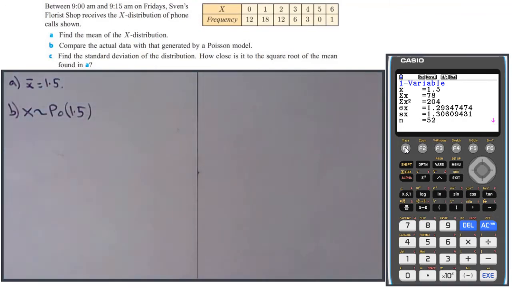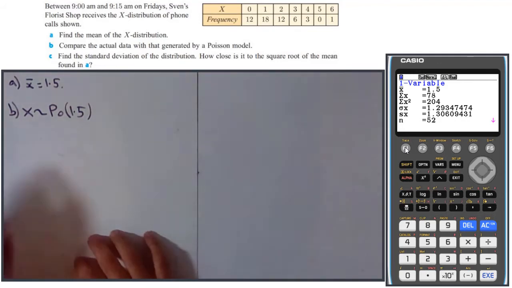Remember, the Poisson model can generate expected probabilities which can easily be turned into expected frequencies. Remember, Poisson distribution applies when you have a fixed time window and you're looking for how many occurrences happen within that window. There are other conditions to be met as well, but basically that's what we're looking at here.